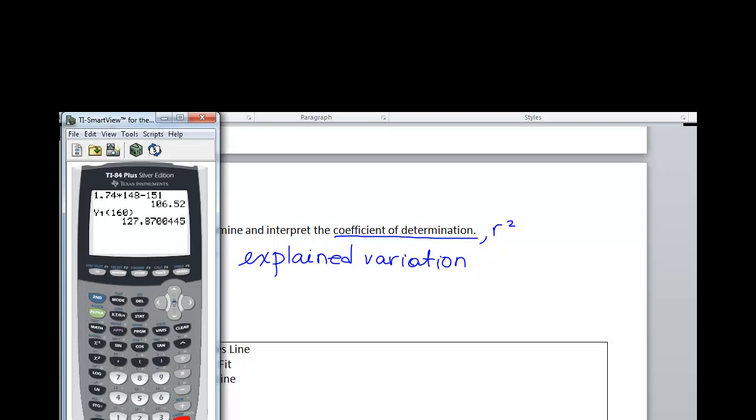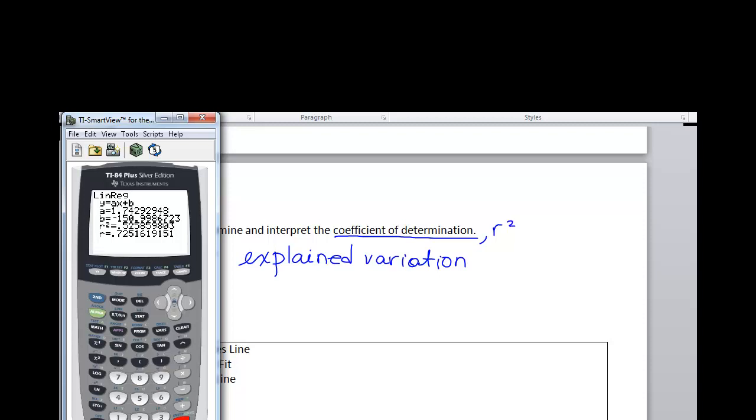Okay, so if we go back to the calculator, it was already on there for us. We can do our linear regression again. I'll just hit second enter, second enter, second enter. That'll take me back to it. And so we had r squared was equal to 0.5258.